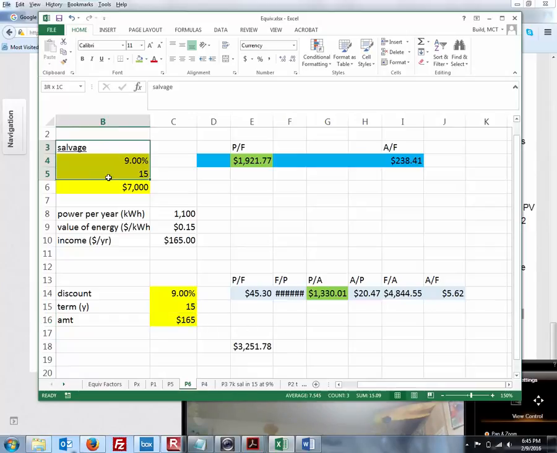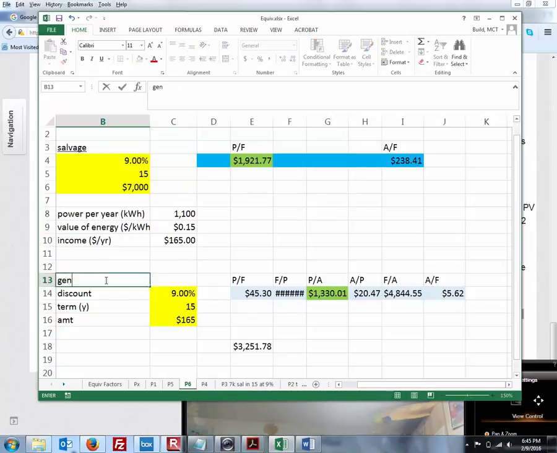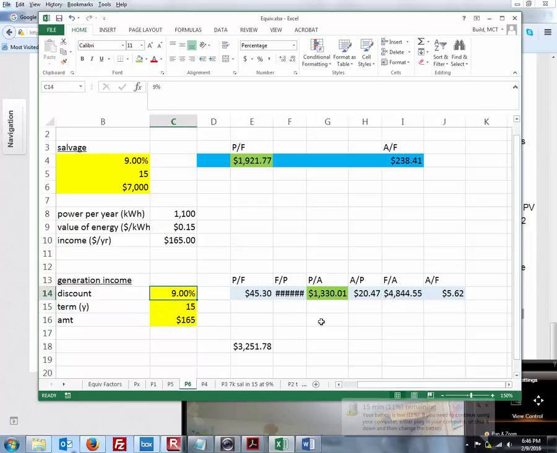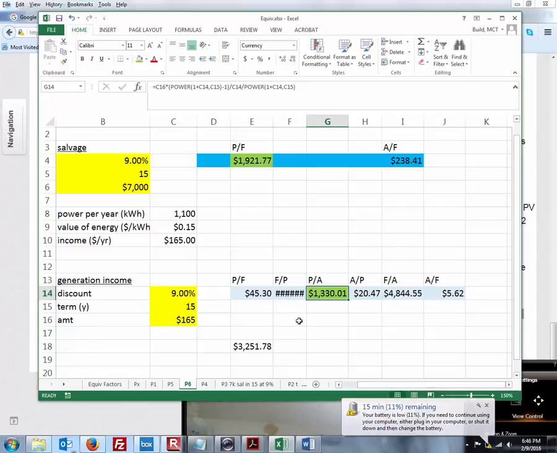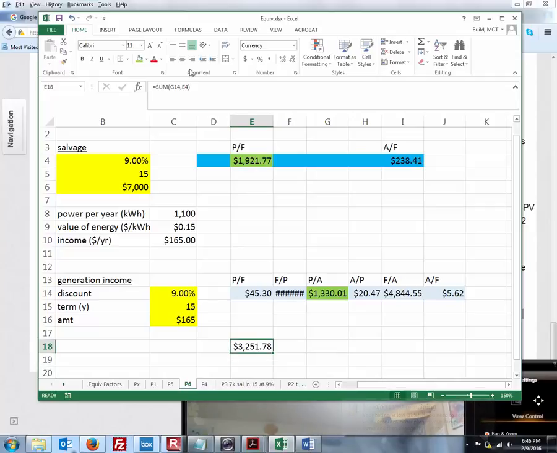So the present value based on the salvage value, and then this is the generation income. The generation income, $165 a year for 15 years at 9%. That has a present value of $1,330, and then the total is right here.